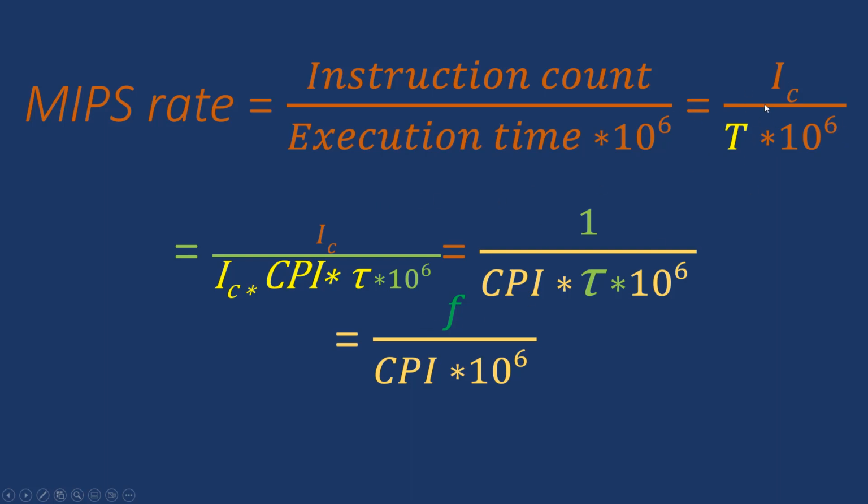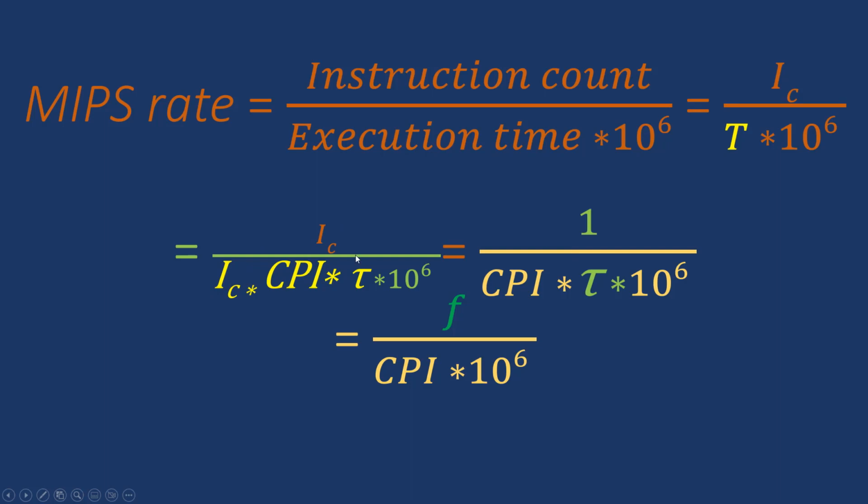How do we get this? For t, we can use the previous formula. The t is actually the total number of instructions times the CPI, cycles per instruction, multiplied by tau, and then we use the millions. You see here we have the total number of instructions, and here we have the instruction count.